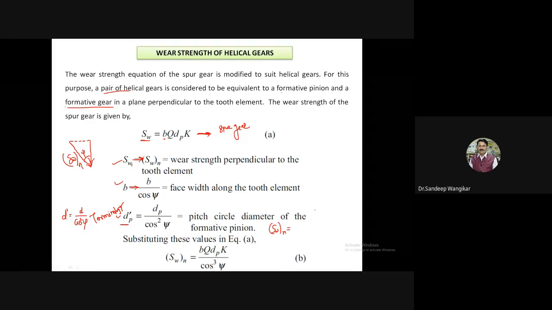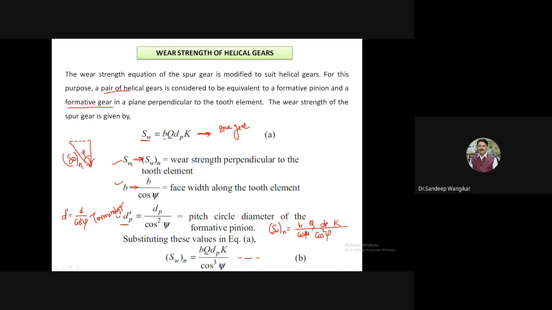Swn is equal to B, this is one value, divided by cos psi, into Q into dp, d dash p is dp divided by cos square psi, into K. So B Q dp K, cos psi into cos square psi will become cos cube. So this is equation B, Swn.